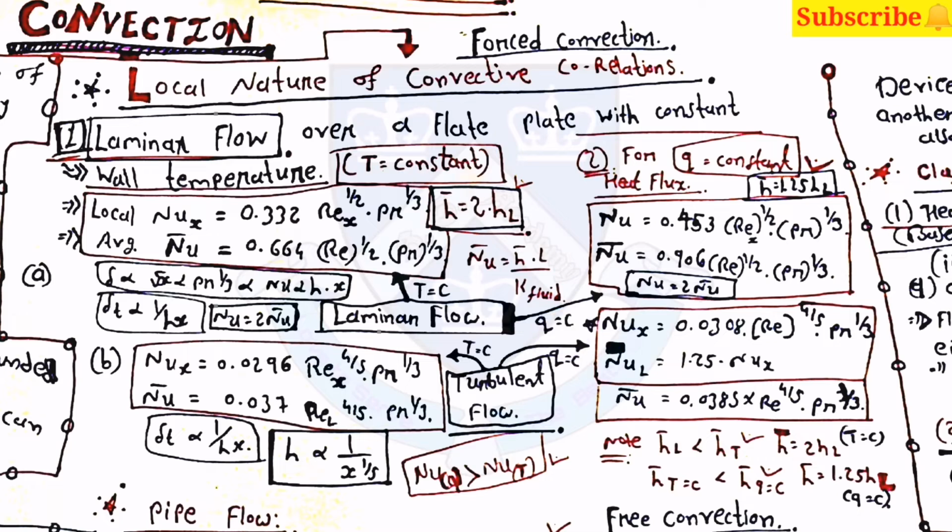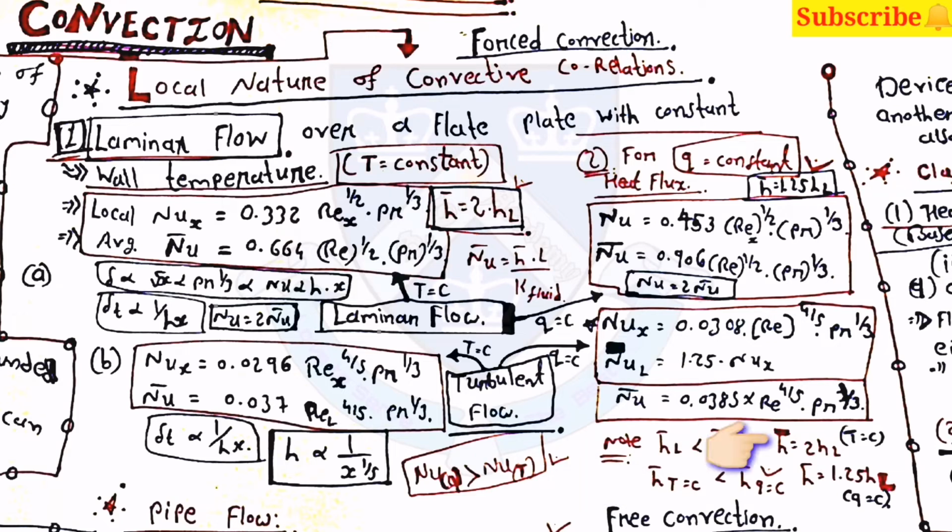Constant. Then here one more note is there: HL bar is less than that of HT bar, and H bar at T equal to constant is less than that of H bar at Q equal to constant.